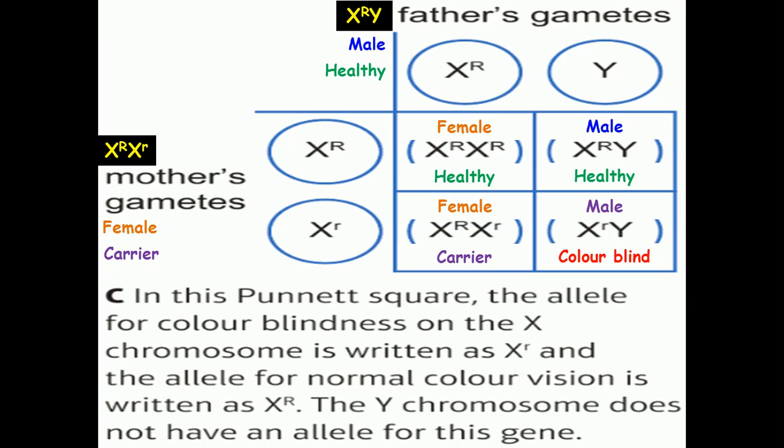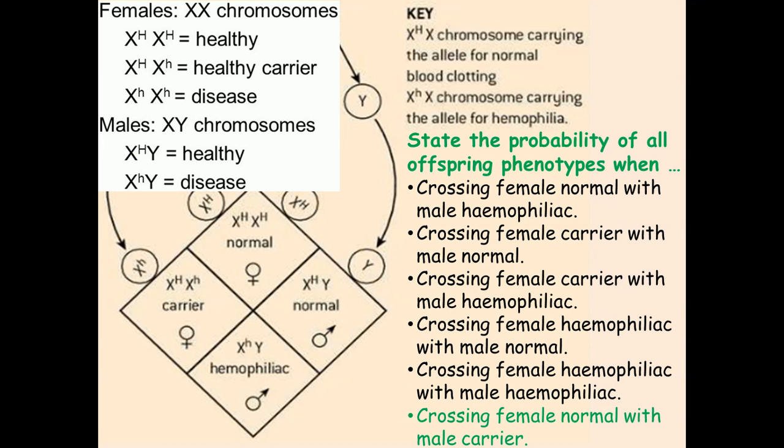In exam, if you're doing Punnett squares for sex-linked genetic disorders, always write the X and Y first and then write the letters for the disorder afterwards so that there's no confusion. Notice that males cannot be carriers for these sex-linked genetic disorders. They either express the disorder or they don't, and they're healthy. Only females can be carriers.